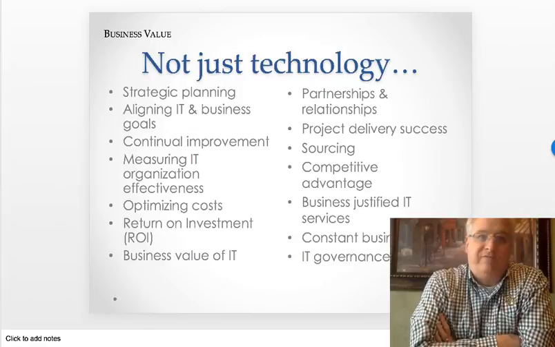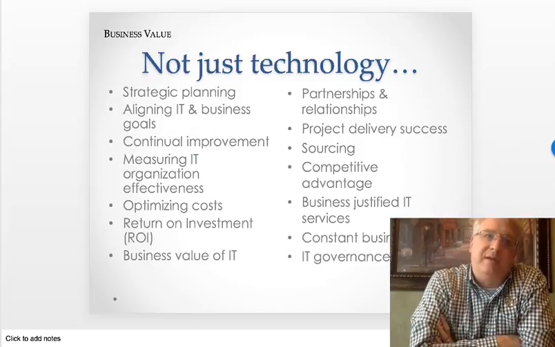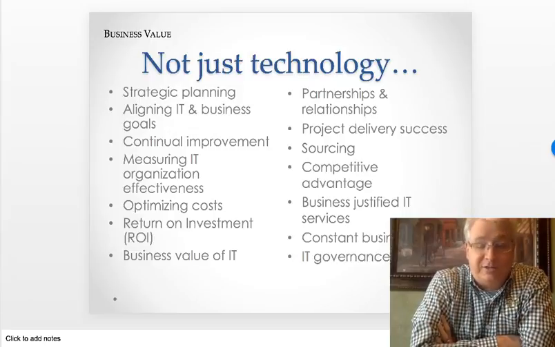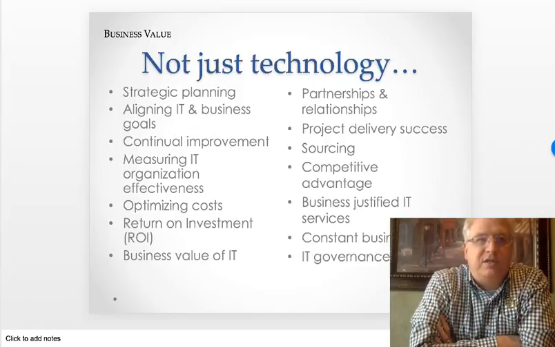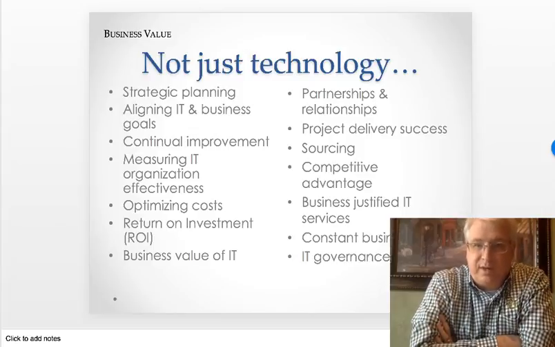First of all, I have to reiterate a point I told you I was going to make over and over again. When we talk about services and IT services, we're not just talking about technology, not just the boxes and wires and all the great stuff we saw in the data center. We've made the point that there are other domains, like management and organization, that make a huge impact on the value of information systems in an organization.